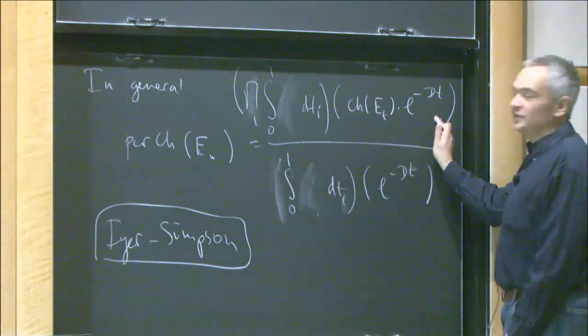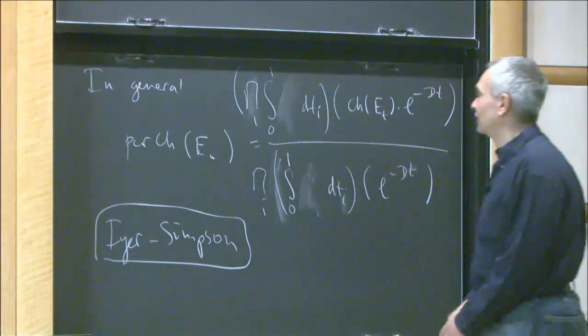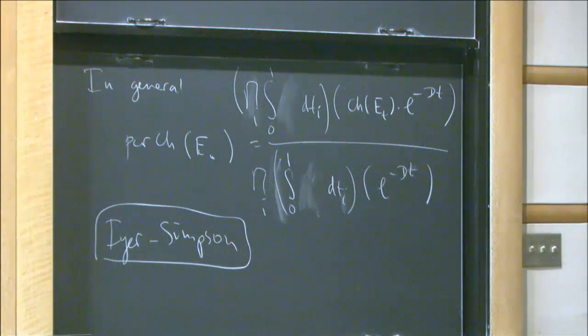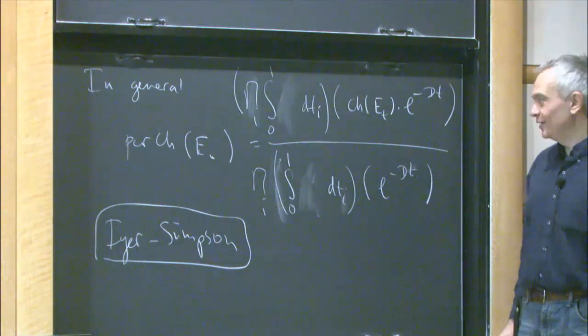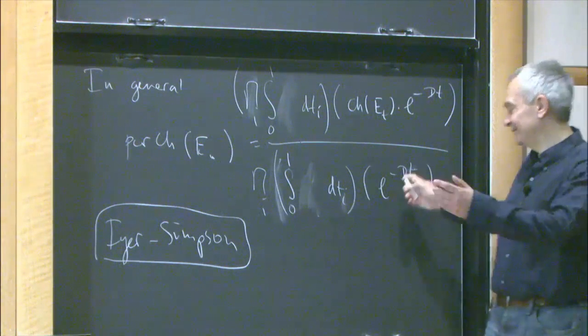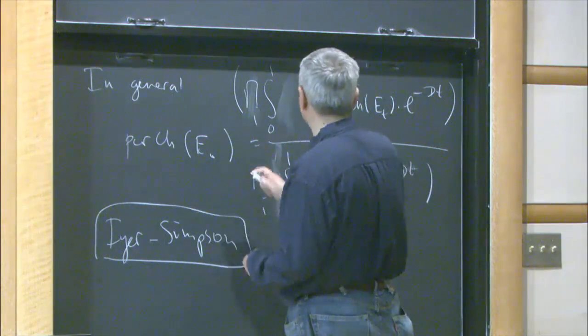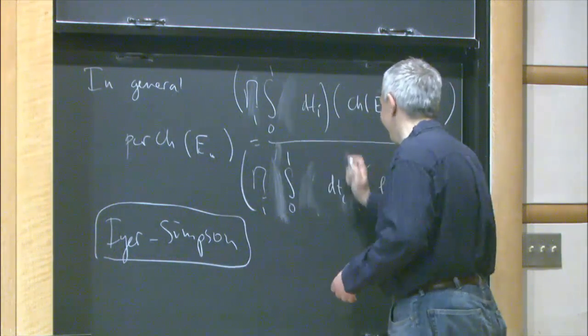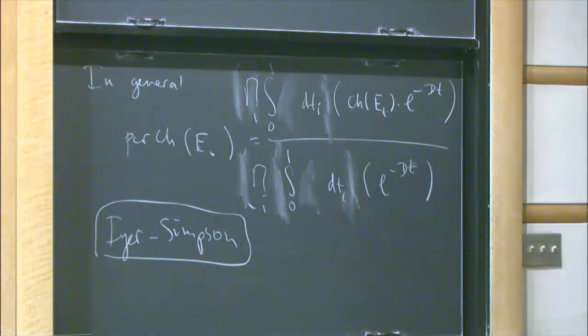I'm just integrating this on the cube. This is how the physicists write. They write their measure first, right? But then they don't close the bracket because then the integral's done.